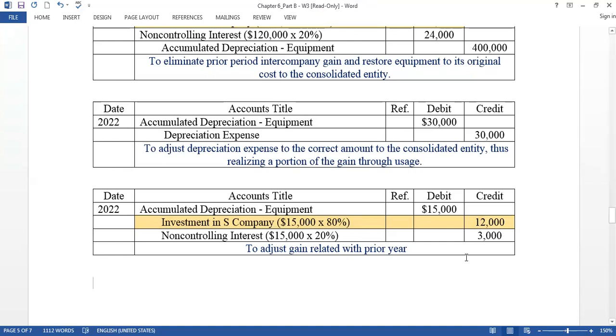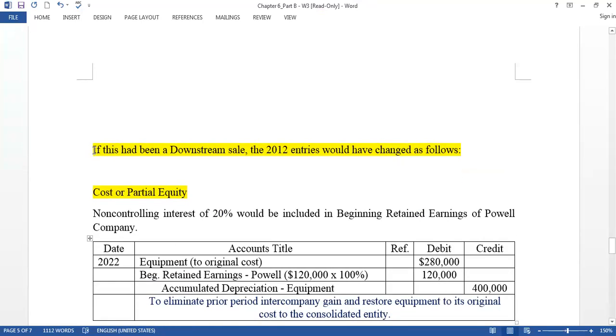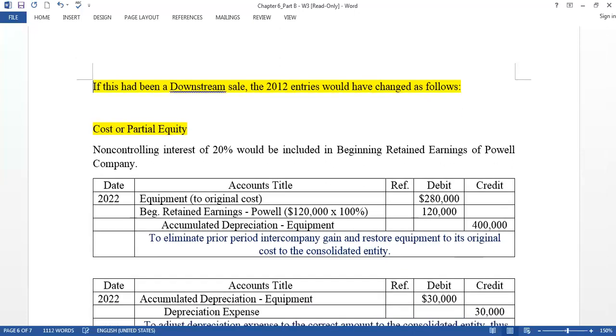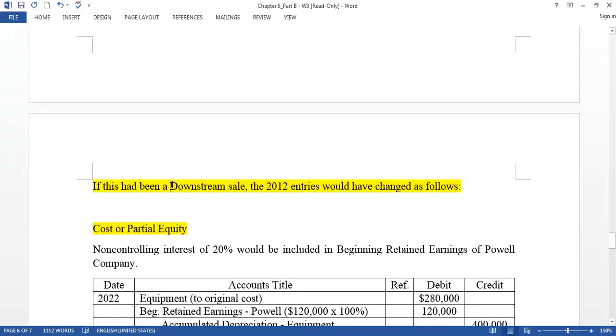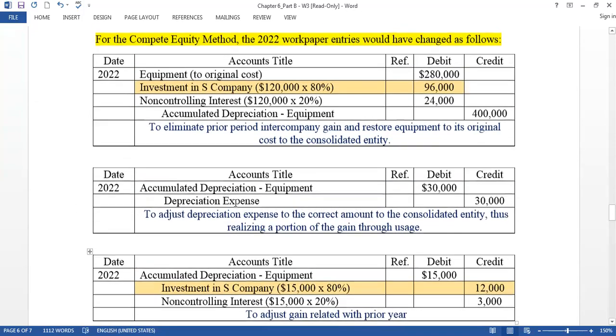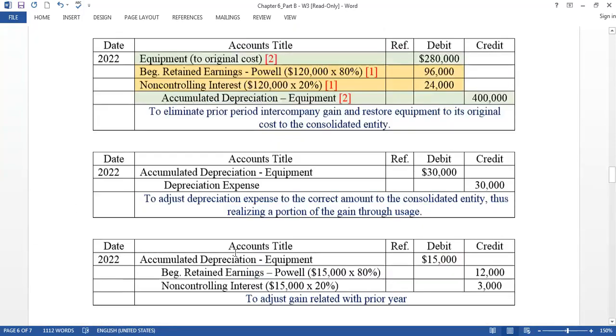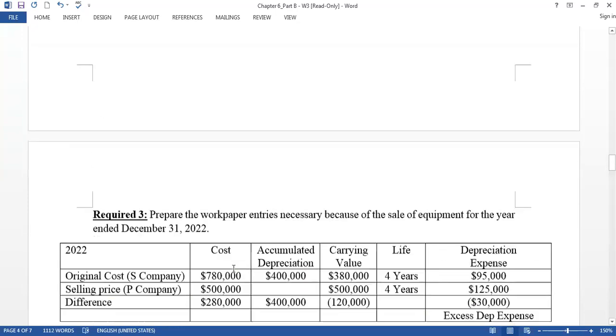Okay. The same question, I repeat again, but it is downstream sales. Downstream sales means the parent sells an asset to the subsidiary. If it is a downstream sale, everything is similar. Only we don't have NCI.